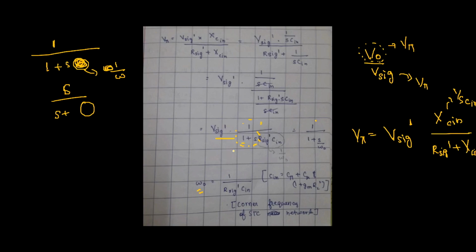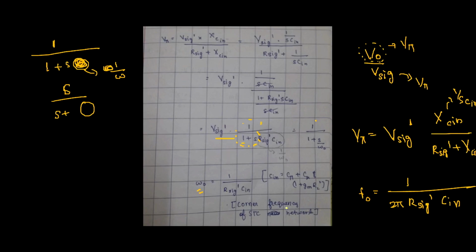Anything higher than this frequency, your gain starts to fall. Like we saw in the Bode plot, the gain starts to fall after a certain frequency. That frequency is called omega naught, and this is the angular frequency. The actual frequency f naught is given by 1 by 2 pi into R signal dash into C input.